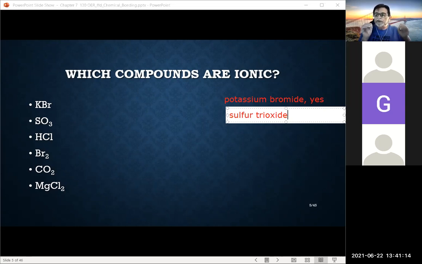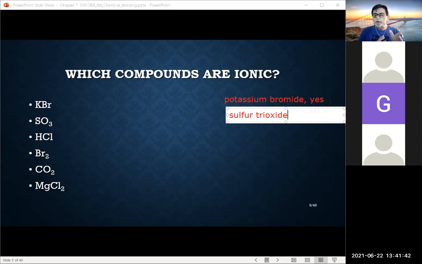Now, with respect to naming, put this in long-term memory. For ionic compounds, we don't use prefixes like tri, tetra, penta, whatever. It's simply what it is, potassium bromide or calcium bromide, or like down at the bottom, magnesium chloride, not magnesium dichloride. However, for covalent compounds, yes, we do use prefixes, and we'll have more on that.